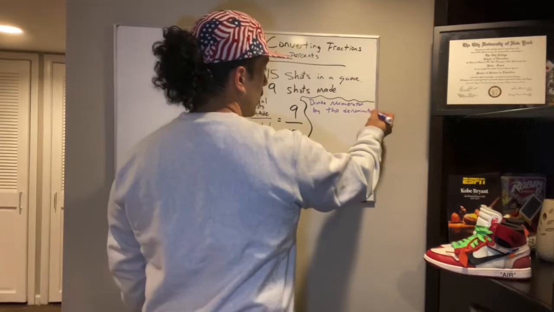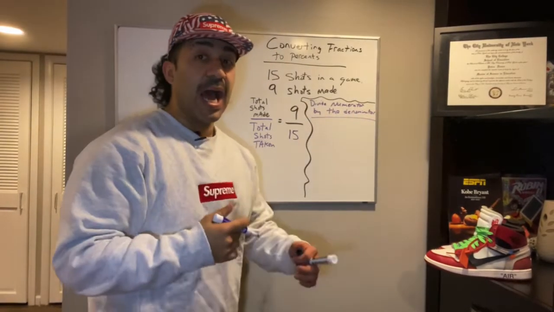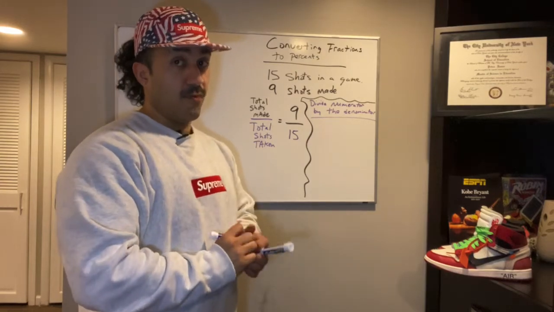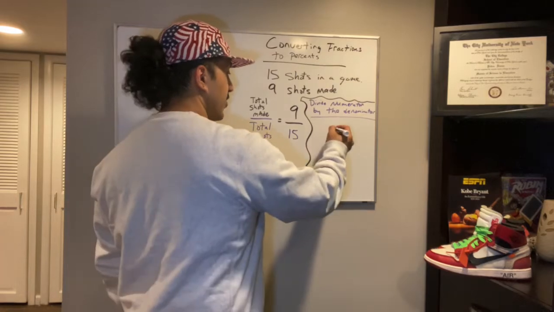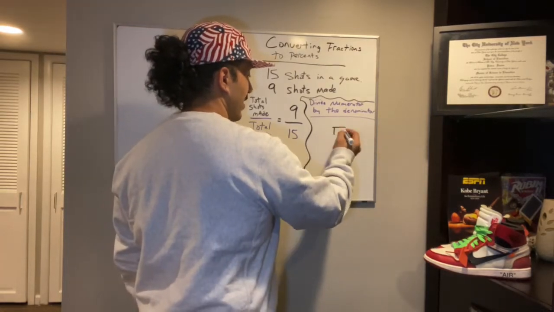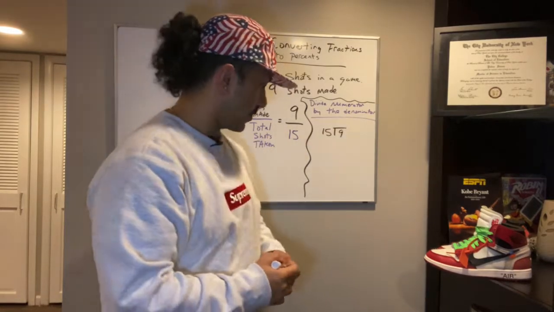And there's a couple of schools of thought on this. I'm going to put it in a house for you because I'm nice like that. In a division house, I'm going to go 9 divided by 15.